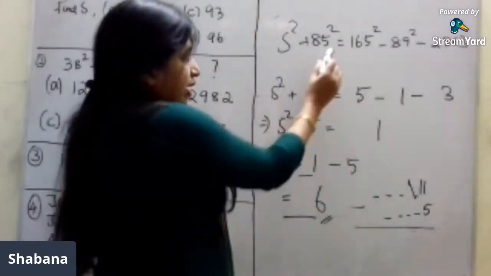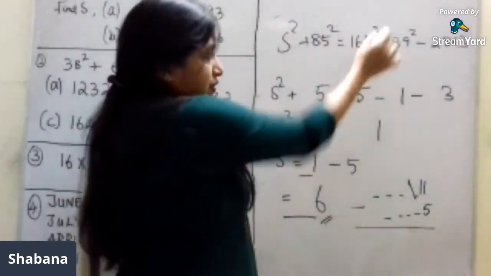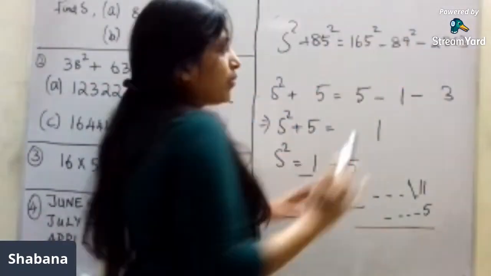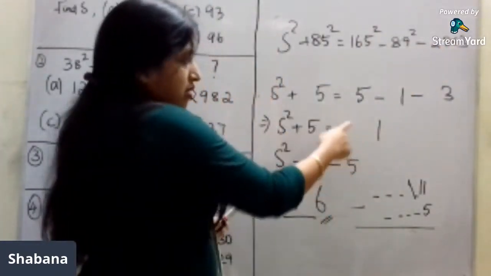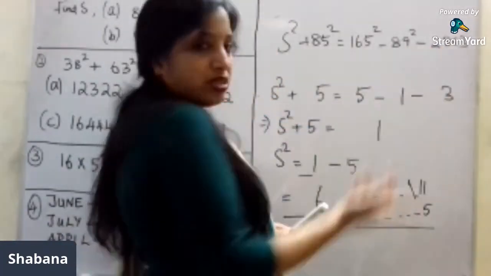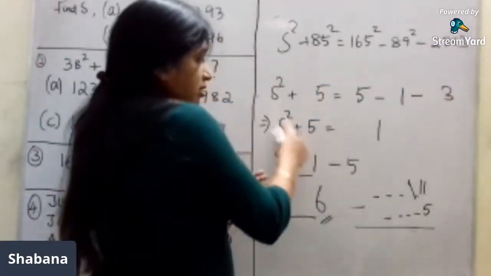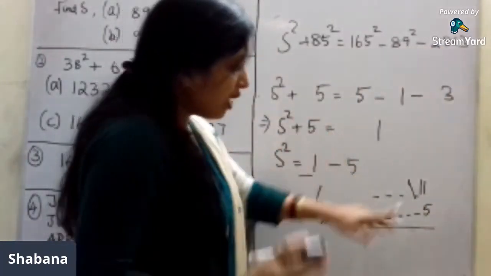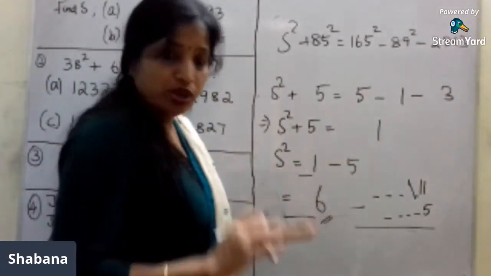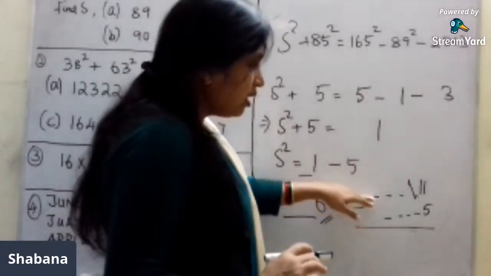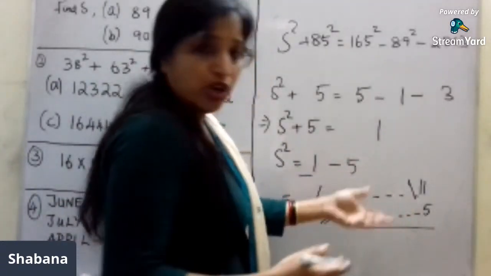So I'll take s square. I know 5 square ends in 5, 165 square ends in 5, 9 square ends in 1, and the number 3 I take as such. So 5 minus 1 is 4, 4 minus 3 is 1. Now I take this number to the other side. It is definitely not going to be 1 minus 5 is minus 4. No, you should not do that. Instead, remember, this is a 4-digit or 5-digit number.